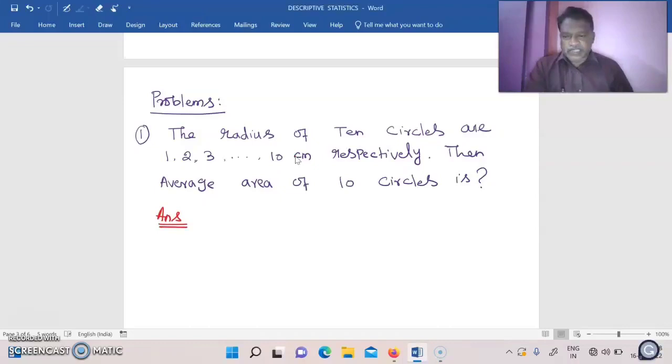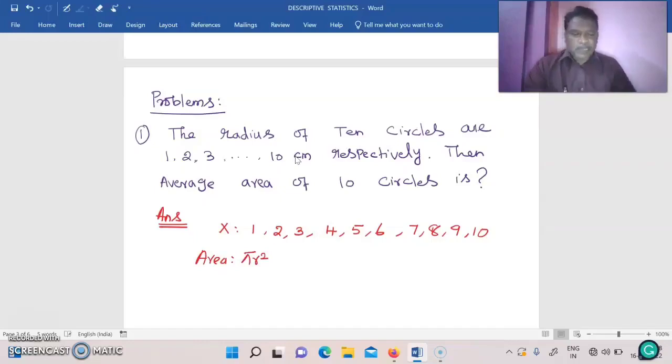The radius is the variable here. So x is nothing but 1, 2, 3, 4, 5, 6, 7, 8, 9, 10. So, the average of the area of 10 circles. Area of the circle is nothing but pi r square.